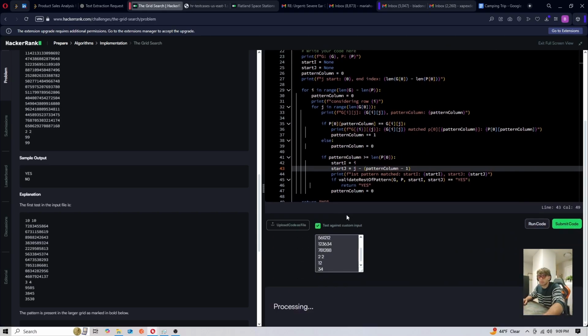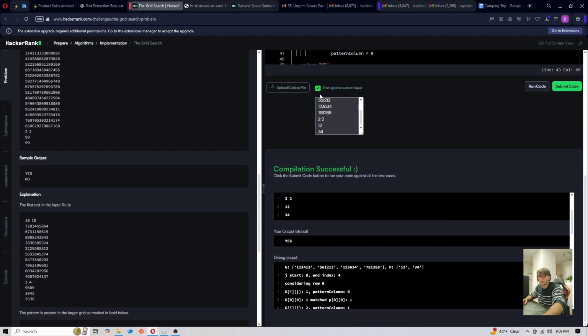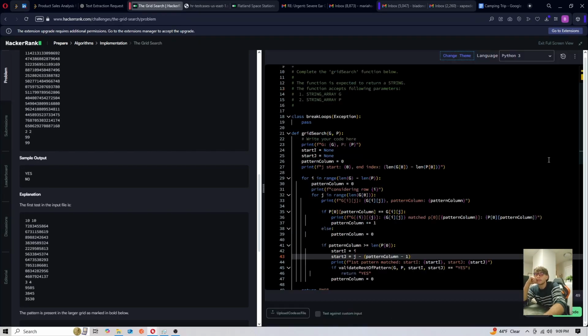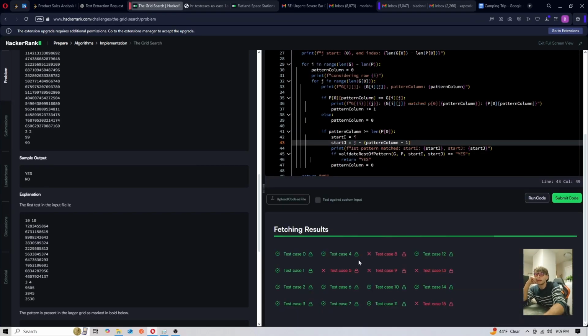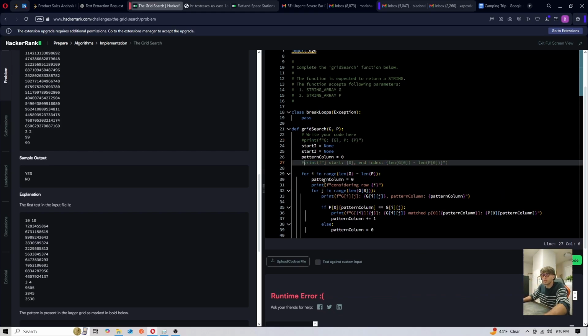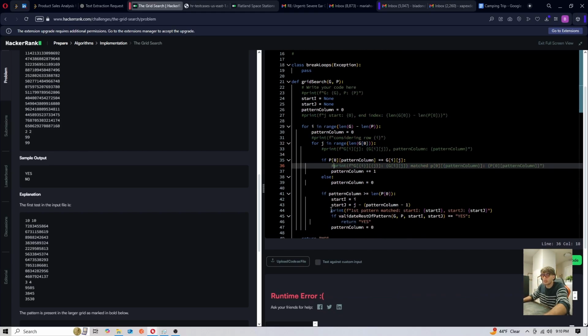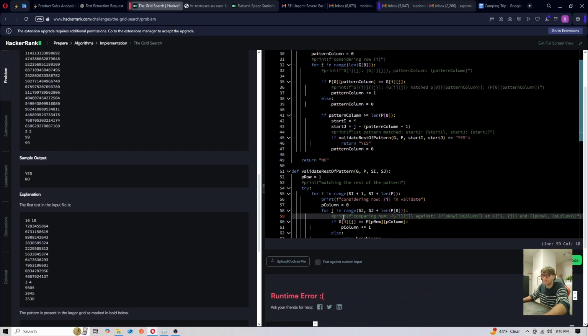Okay, well, now we're going to do it without the test case. Pass those. All right. Well, we didn't pass a few, but it could be due to memory. So let's go ahead and see if doing this will fix it. It sucks that it does this because it's just a lot coming out.